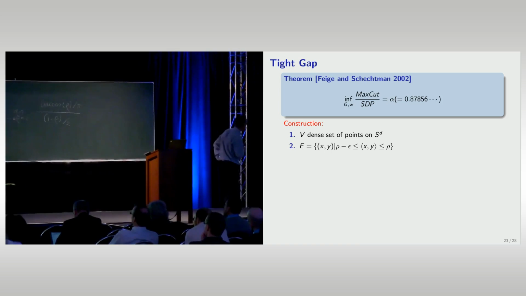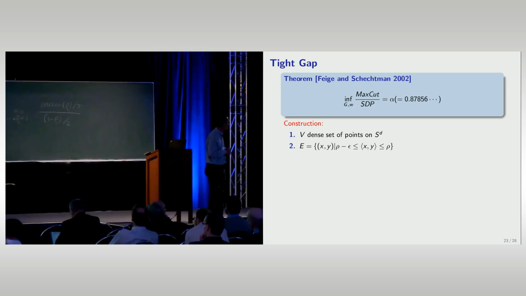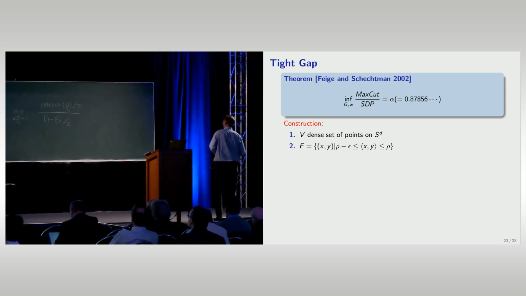Let me just say that semi-definite programming has had lots of applications, but I don't want to get into that. Let me discuss now whether the analysis can be improved.